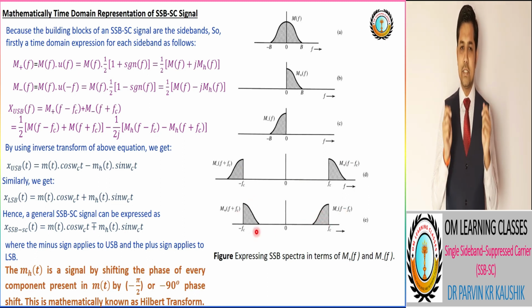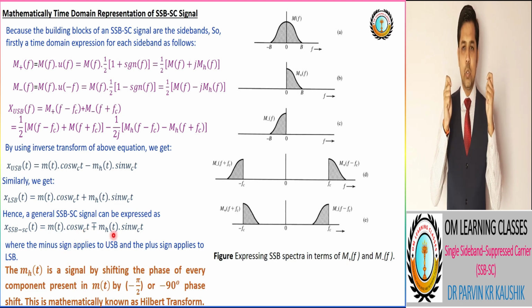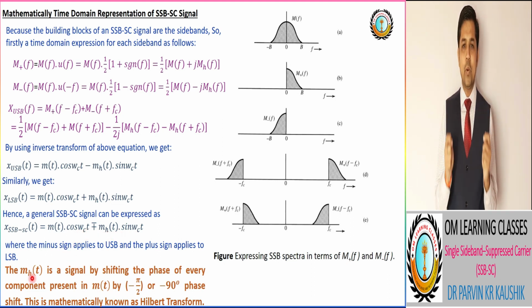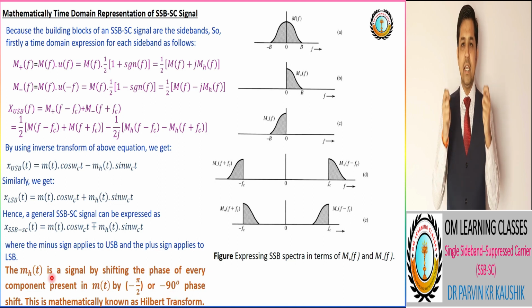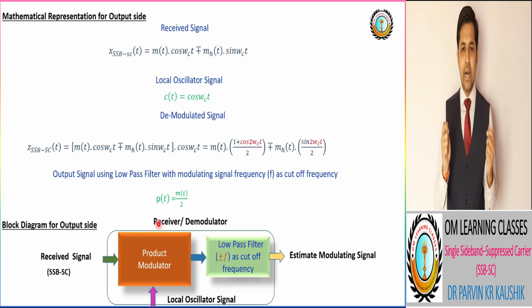The third observation is that m_h(t) is the Hilbert transform of the modulating signal, providing a -π/2 or -90° phase shift in every component present in the modulating signal.